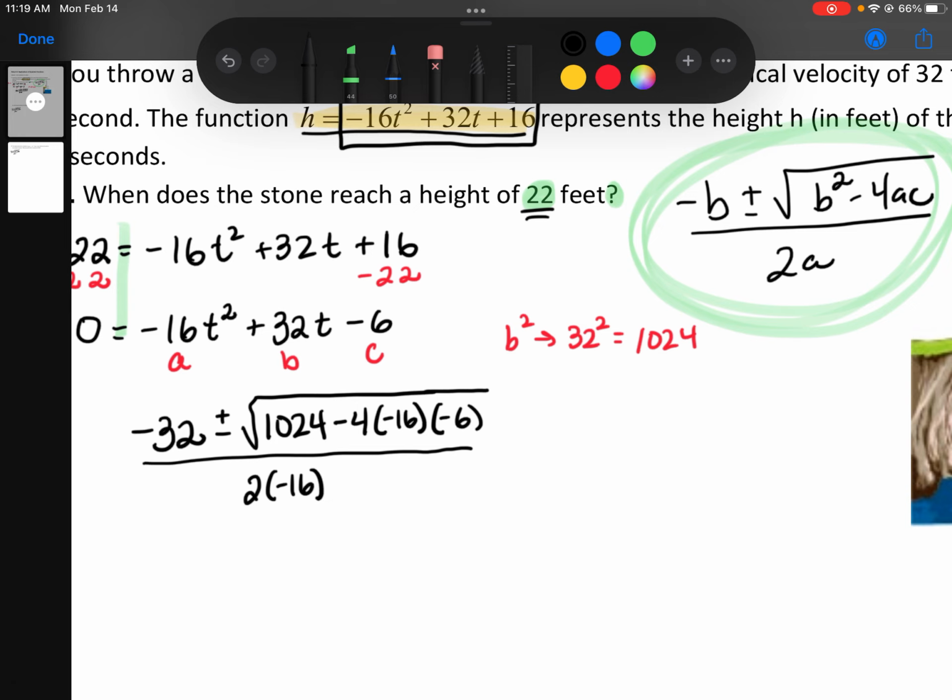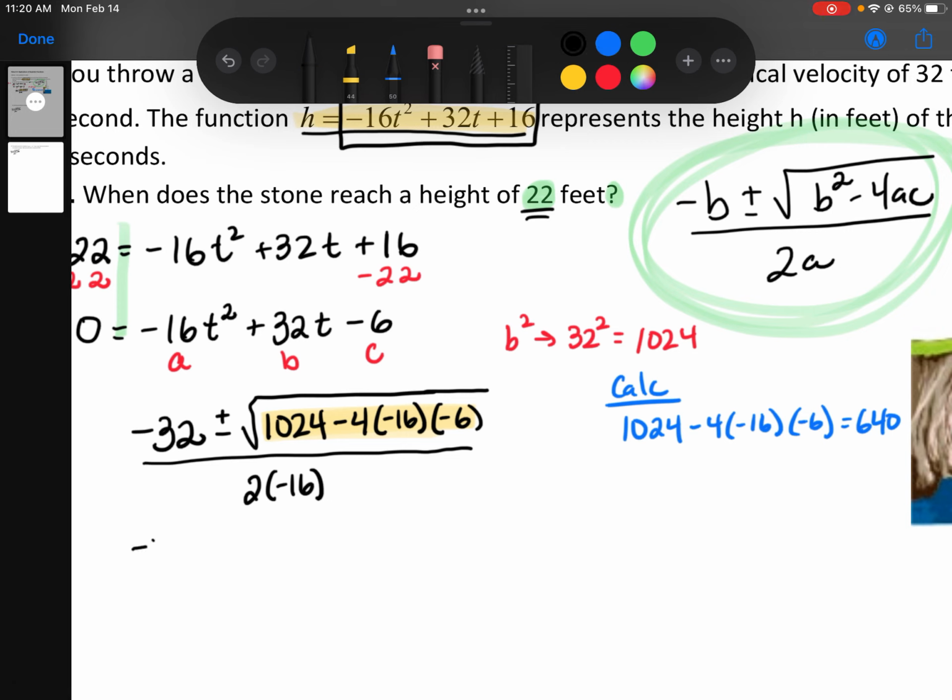Okay, next step, if you remember the quadratic formula, is to figure out what all of this equals under the square root. So 1024 minus 4 times negative 16 times negative 6. In my calculator, you're just typing in 1024 minus 4 times negative 16 times negative 6, and you get 640.